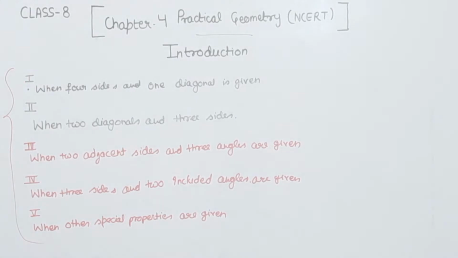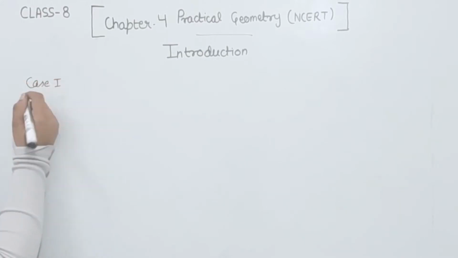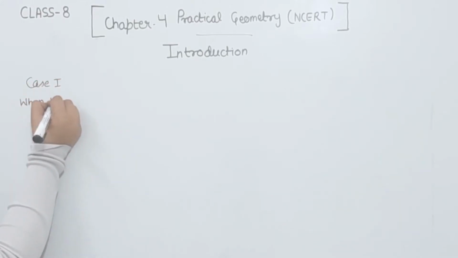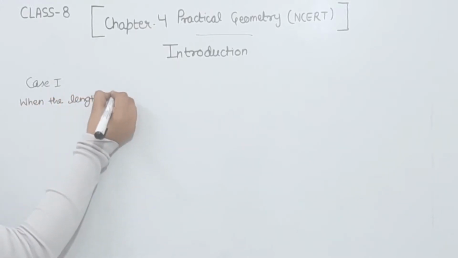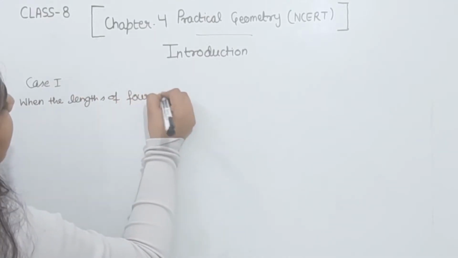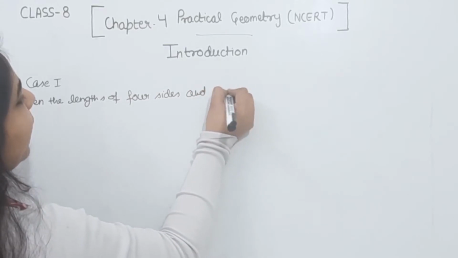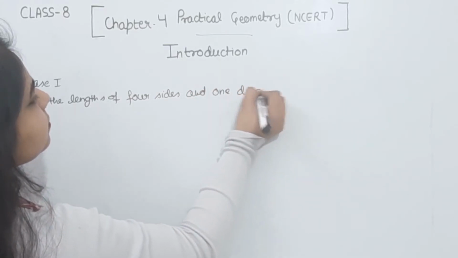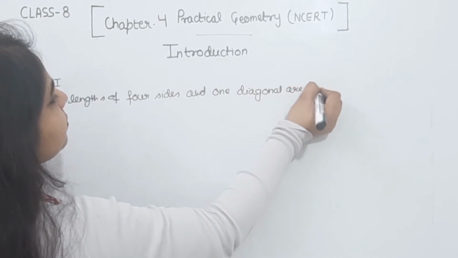So start with the case 1. In the case 1, we'll have when the lengths of 4 sides and one diagonal are given.